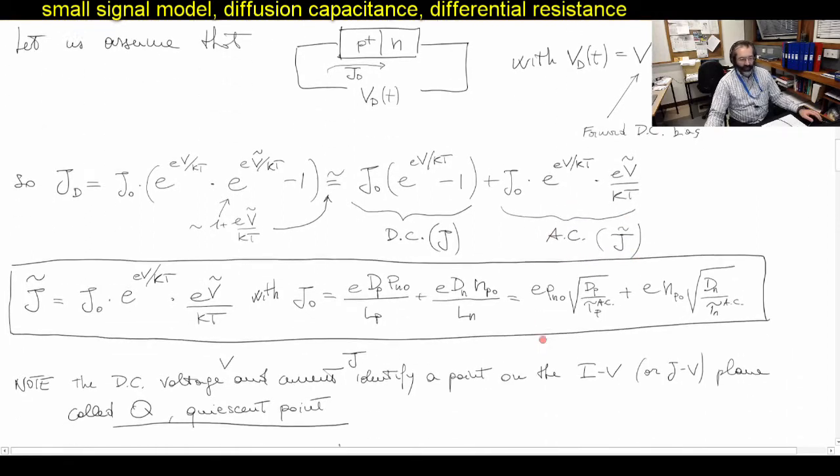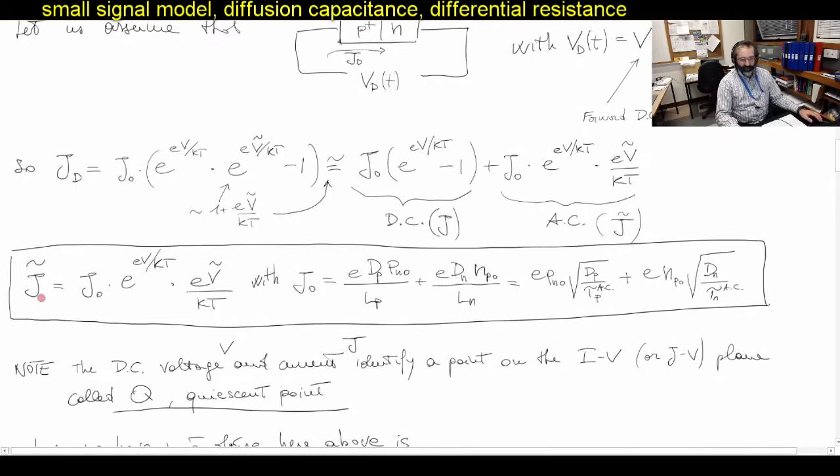So just to rewrite things more clearly, J tilde is J0 e to the eV over kT times eV tilde over kT. Remember that J0 is this thing here according to our derivation yesterday, which we can rewrite in this way.